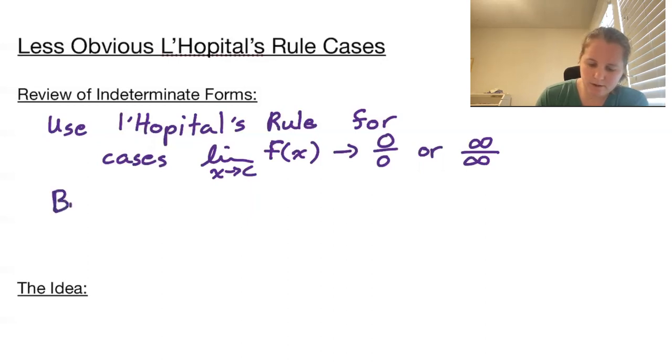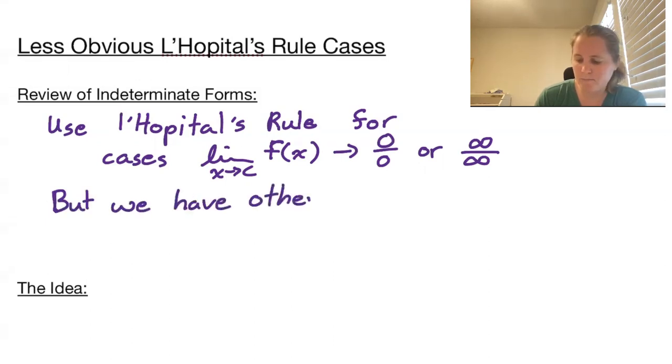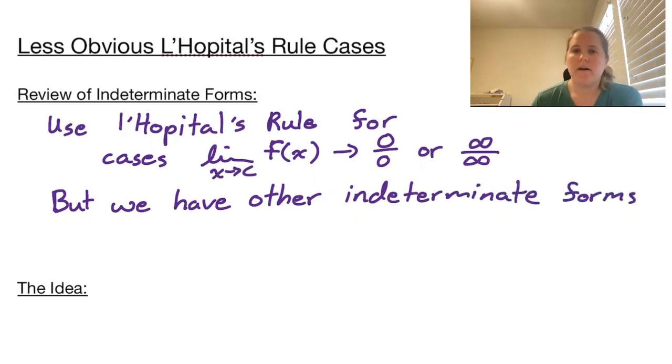So we have other indeterminate forms. And those could be, if we have infinity minus infinity, that could land on a specific number. It could be, or it could be infinite.